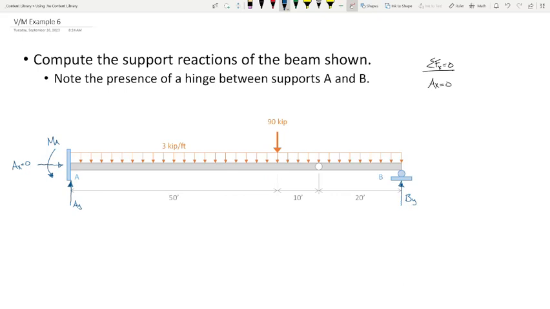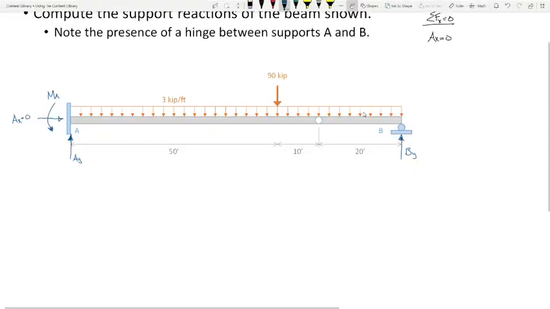AY and BY, right? So if I employ the sum of forces in the y direction, let's go ahead and do it. Let's just see what happens. If I sum forces in the y direction, what do I got?